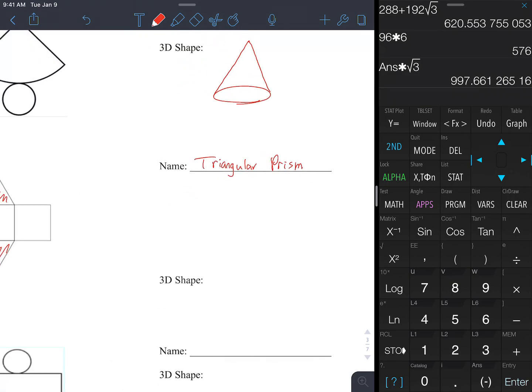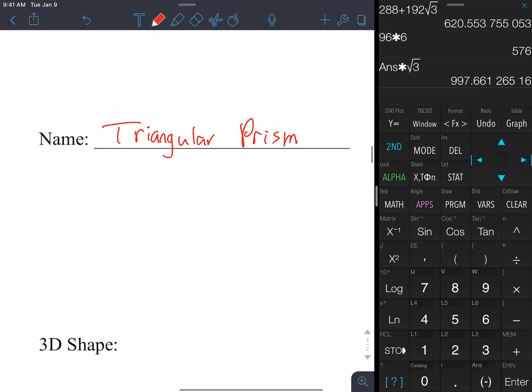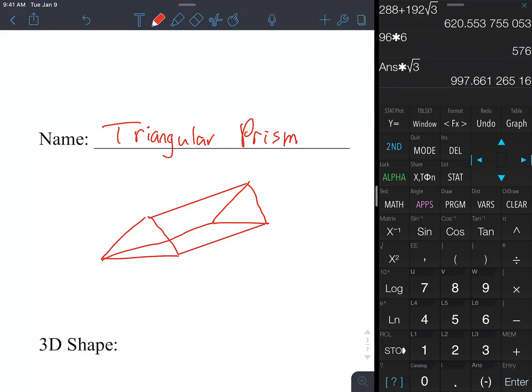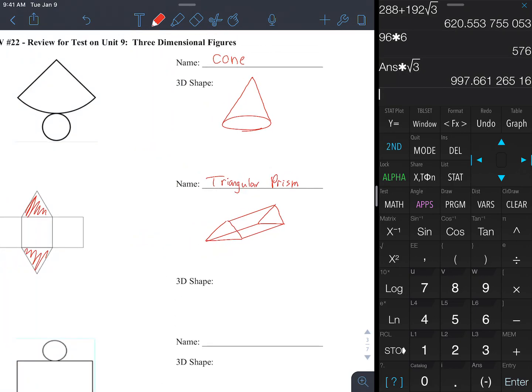All right, and then as far as how do you draw that, I would just draw maybe a triangle kind of like this. I'd draw another triangle off to the side that's pretty similar, and then I would just connect all the points. That's not the best looking picture, but it'll do. And that'd be a decent looking triangular prism.